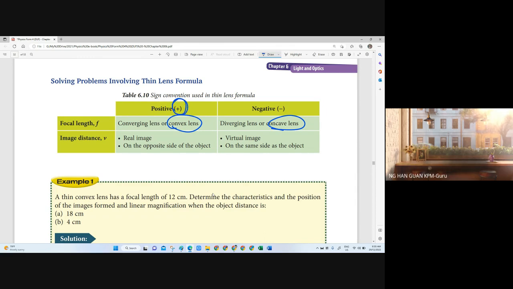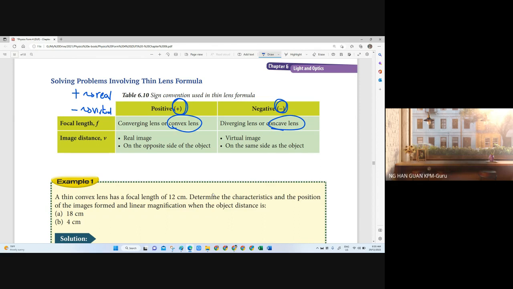Okay, remember when you apply these lens equations, positive is for real, negative is for virtual. So concave lens we have the virtual focus, so that's why f must always be negative.